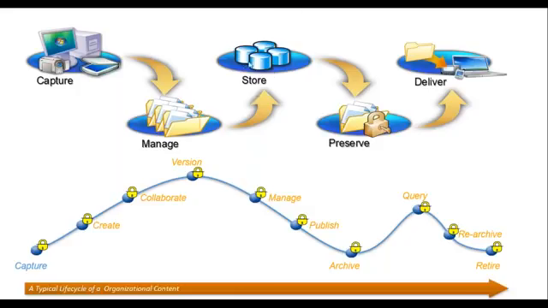When we say store it, it is in the DB. Now once that is stored, you need to preserve it, so that the right people are accessing the right thing, or if some things are to be kept for a particular number of years, those kind of things we call preserve. And then we deliver it to the end user. So whenever the end user needs it, he should be able to access that. Right? These are the 5 concepts, or we call it a typical life cycle of organizational content.